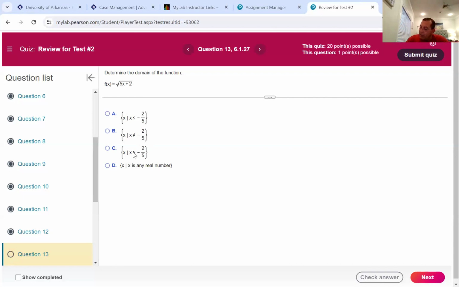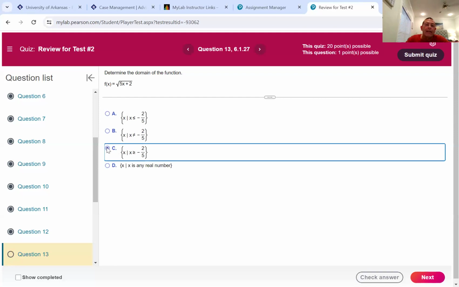And then the third one was just greater than or equal, like I needed. So you're either going to be choosing a less than equal or a greater than equal on number 13. Do not pick not equals, and do not pick that x can be any real number, because that's definitely false, okay?